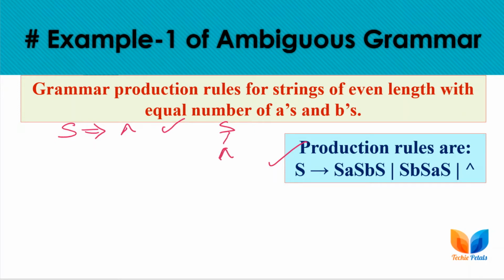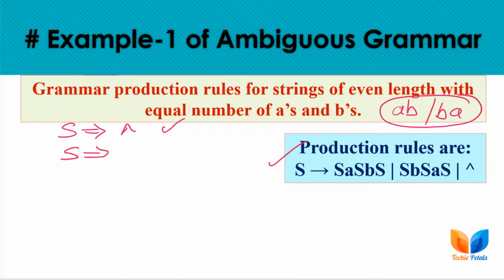Next, the minimum strings are either AB or BA. Let's derive these from the start symbol. To derive AB we go with the first production rule, and for BA we go with the second production rule.